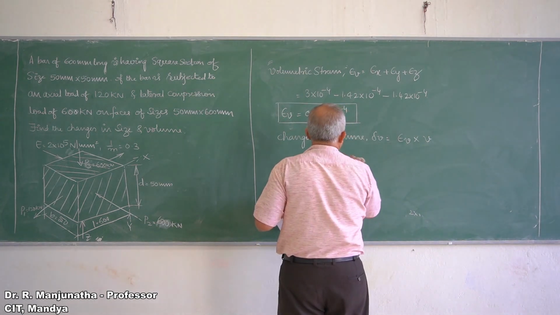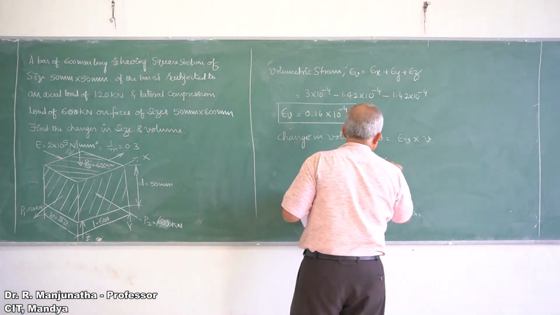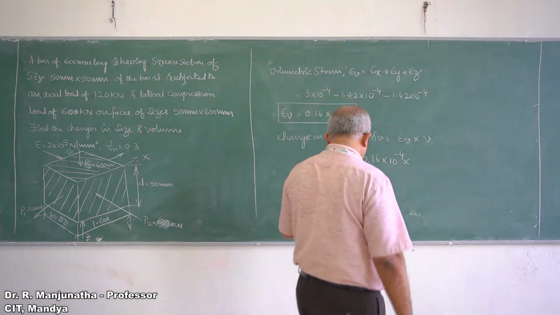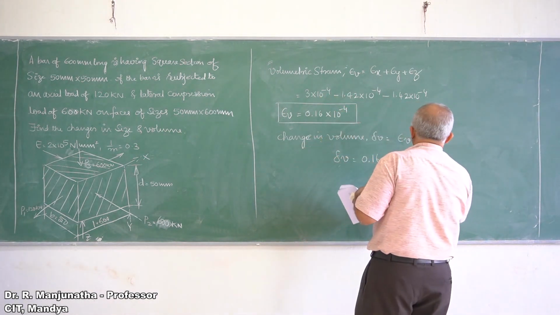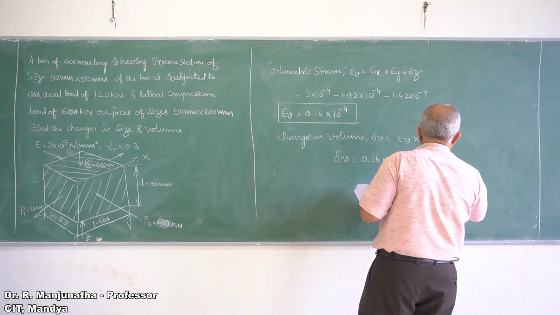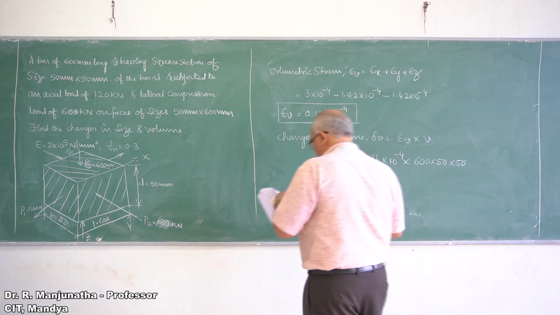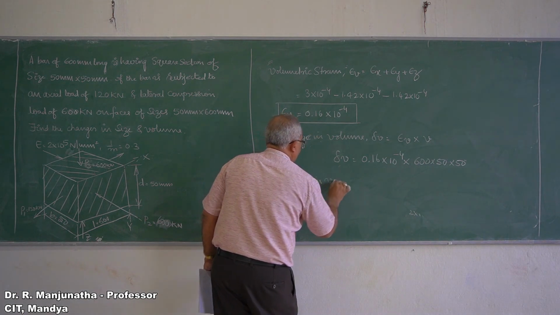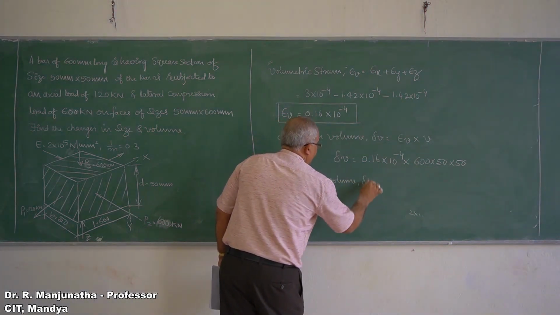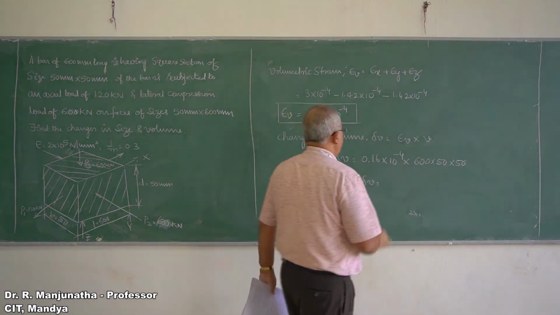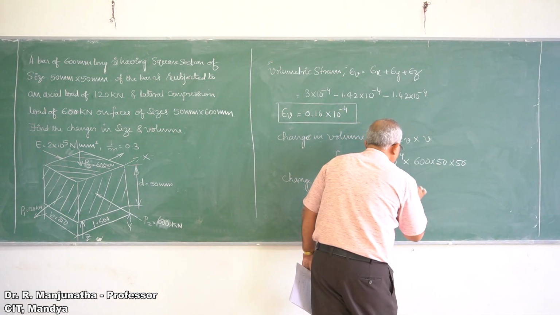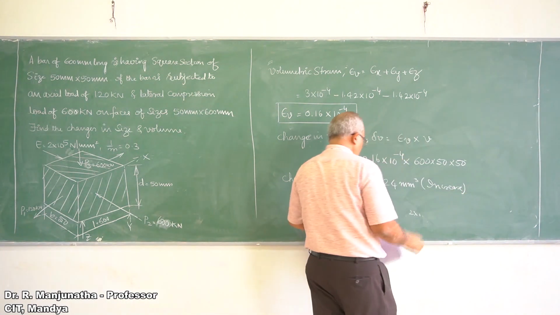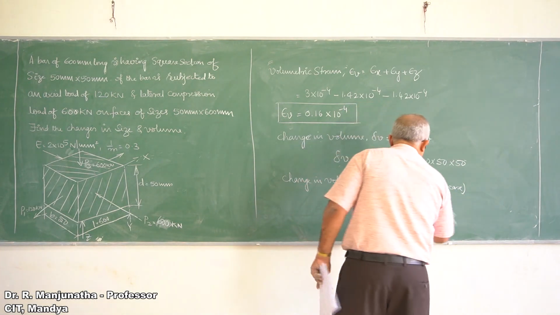So delta V is the volumetric strain into the original volume of the member, which is 600 into 50 into 50. Therefore the change in volume, delta V, will be equal to 24 mm cube. Since it is a positive value, we have an increase in volume. So this is how we are able to find out the values.